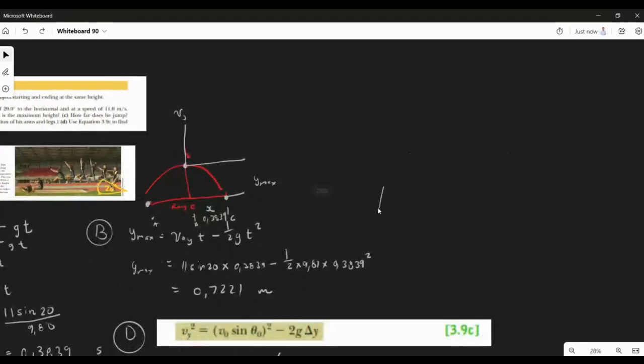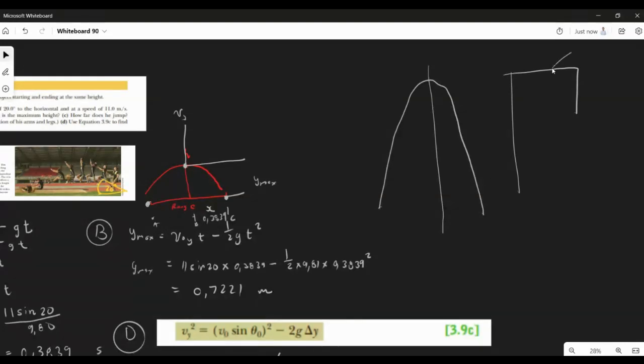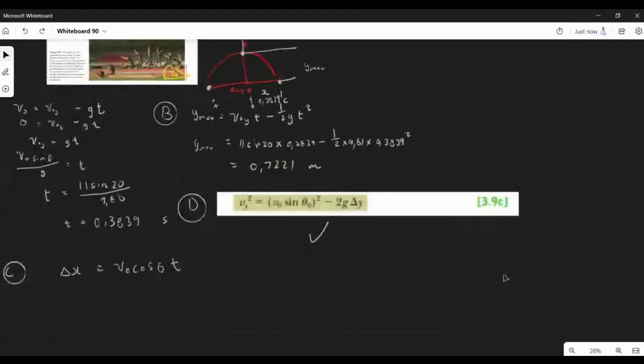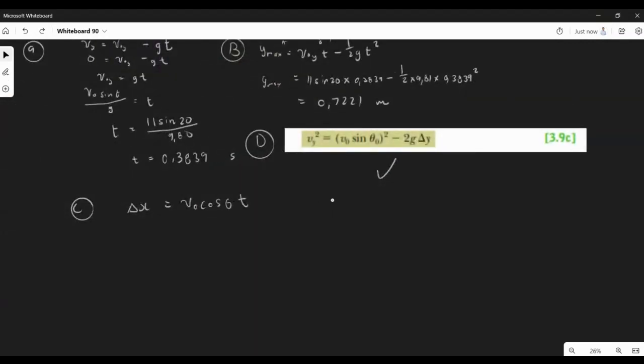If something travels like in the one-dimensional problems, we can say it takes half and half. But if it travels like that, we can't really stipulate that. So one must be really cognizant and careful. So definitely the time is 2 times.